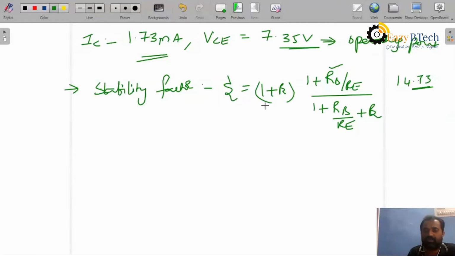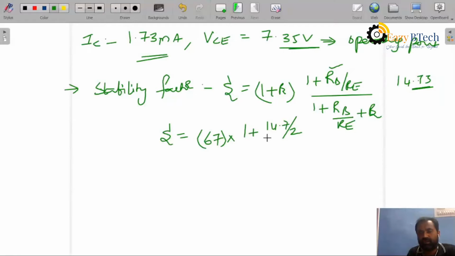By substituting all these values, we will get the stability factor: 1 plus beta, 66 means 67, into 1 plus RB 14.73 kilo by RE 2 kilo, divided by 1 plus beta 66 plus RB by RE, 14.73 by 2, kilo will get cancelled. All these values you will get approximately 7.537.